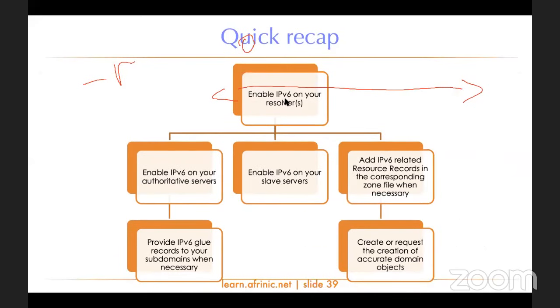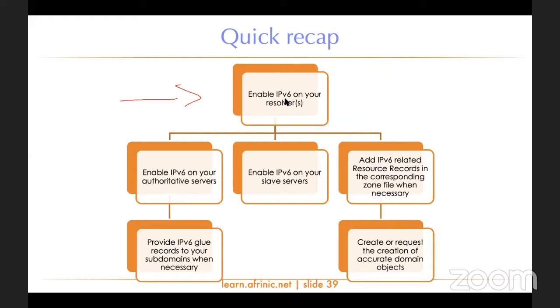So yes, just a quick recap, just some blocks for you. When you want to have a dual stack infrastructure in DNS, the first thing, the most obvious for each kind of user, will be to have IPv6 for your resolver.